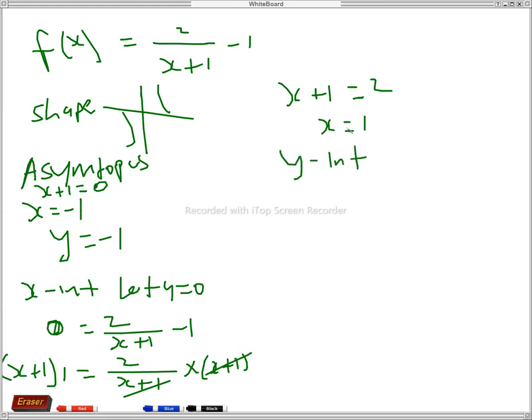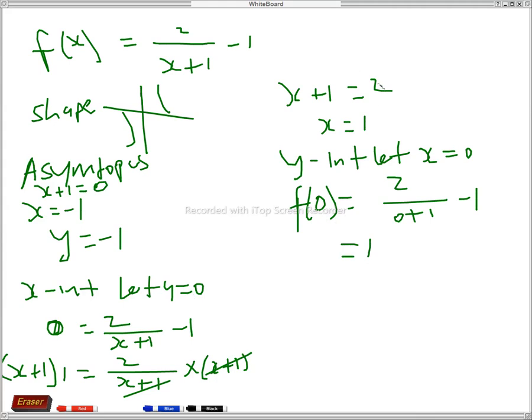Therefore let's determine the y-intercept. For the y-intercept, we let x be 0, you still remember that. I can automatically come to my equation here where I see x, I substitute with 0, and you can simply punch it on your calculator and you get your y-intercept as 1.